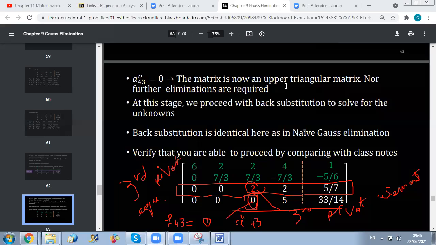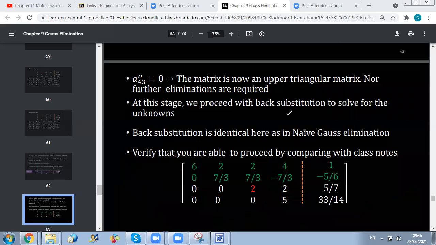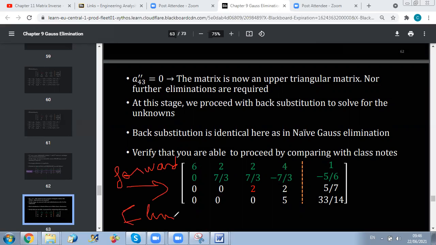Okay so now all we have to do now is to do the backward substitution. So until now what we did is forward elimination. When forward elimination is complete, then we will end up with all elements below the diagonal equal to 0.